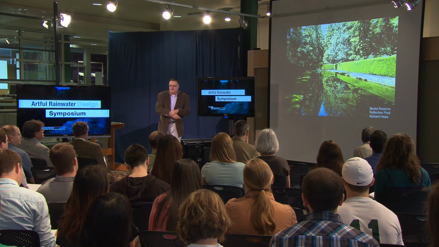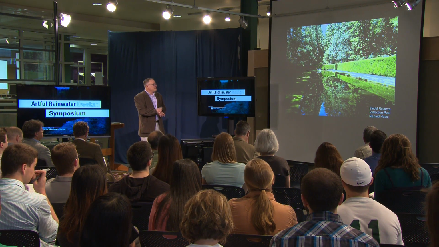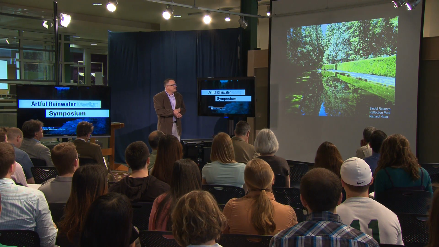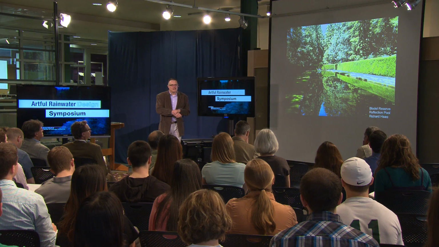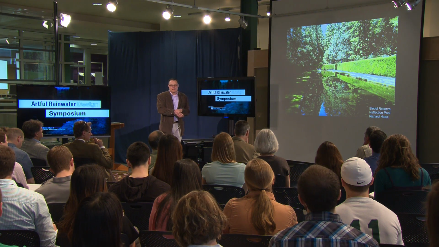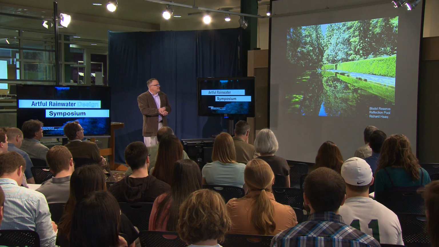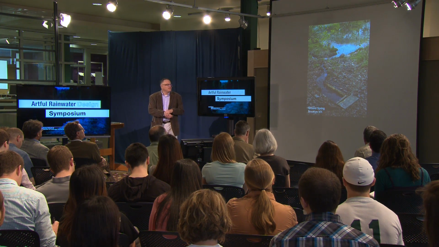As is this. This is a groundwater garden that Richard Haag designed at the Bloedel Reserve up on Bainbridge Island. And this is no different than the evaporation garden or a rainwater garden. It's just defining its expressions differently.